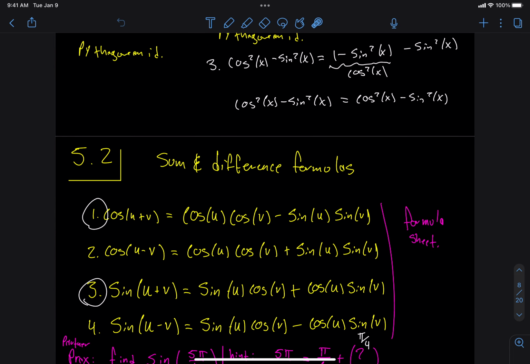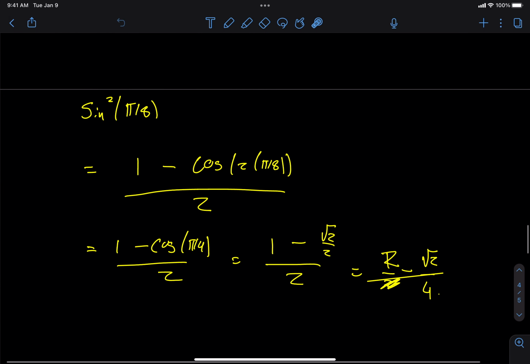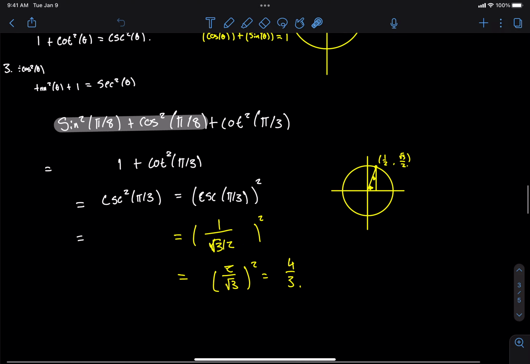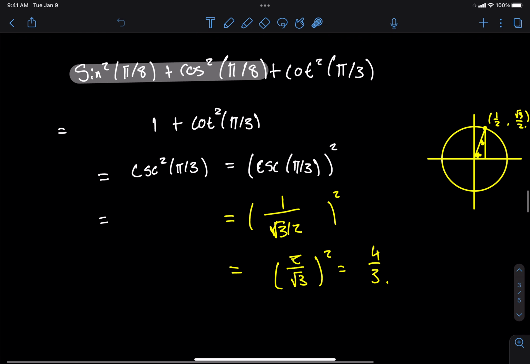Yeah, no, there's no way. You can do sine of pi over 8 using the double angle formula or the half angle formula, whichever one it is. I don't remember. You can do it like that. But in this problem, it's easier if you just recognize that the angle's the same inside both of those, and also, whatever it is, it's going to be annoying as all get out to try to do it.